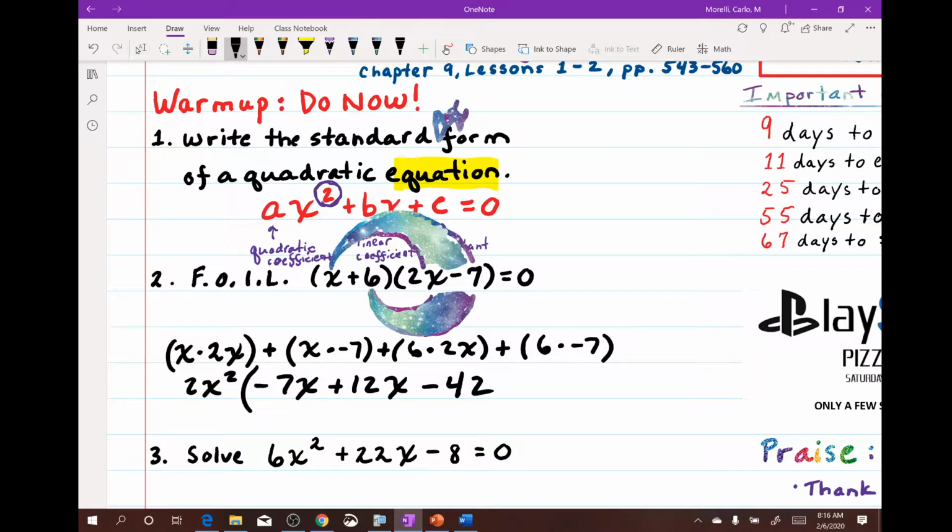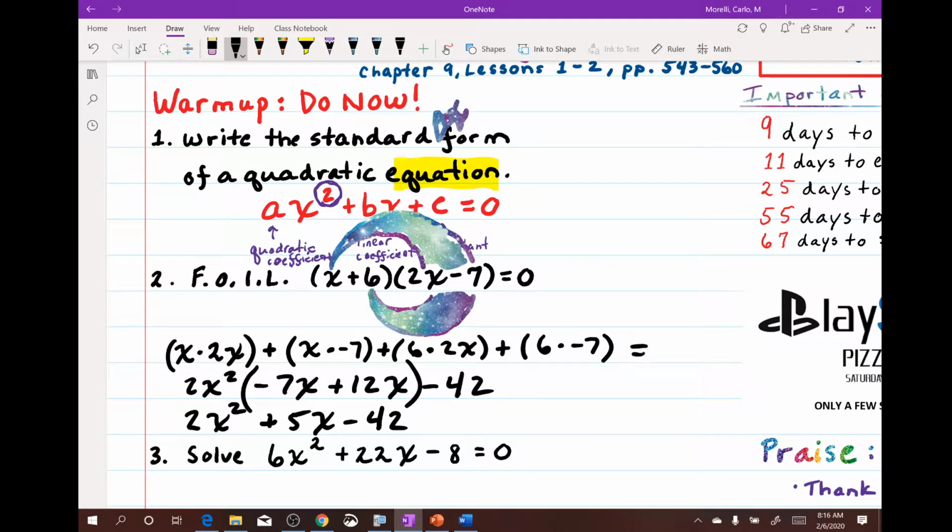Okay, so all we have to do is combine these middle terms. What is negative 7x plus 12x? Caitlin. Okay, positive 5x. Thanks for raising your hand. So 2x squared plus 5x minus 42.